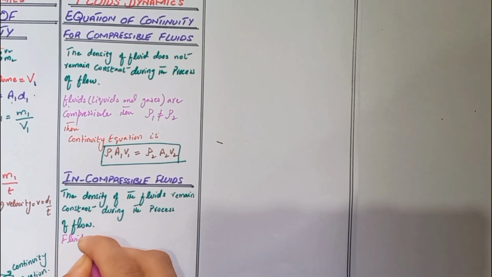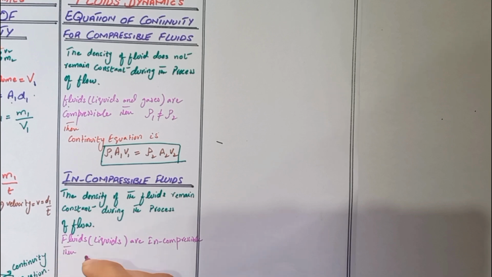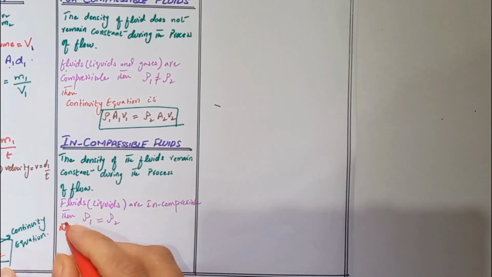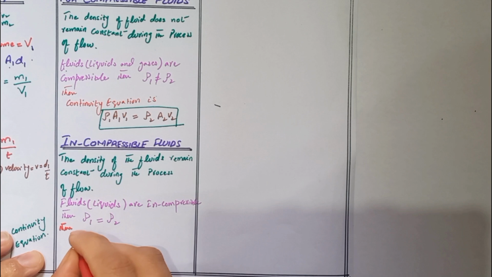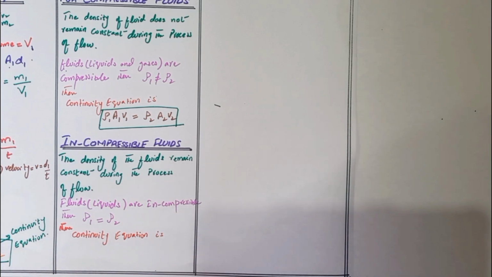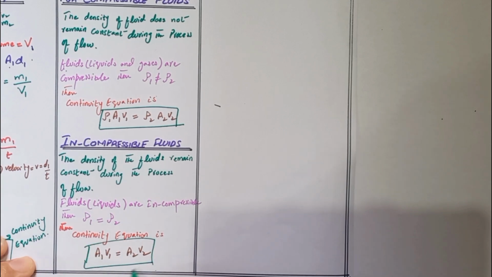Fluids, liquids are incompressible, then rho 1 is equal to rho 2, that is the density. Then the continuity equation is A1 V1 is equal to A2 V2, that is the continuity equation for incompressible fluid.